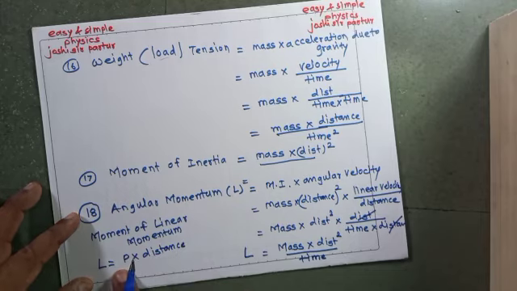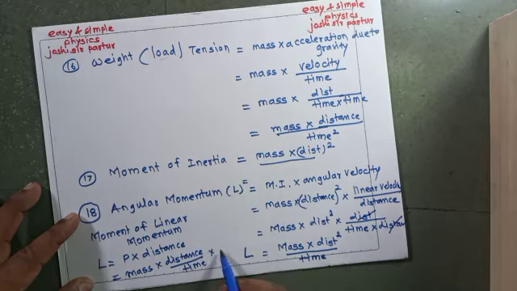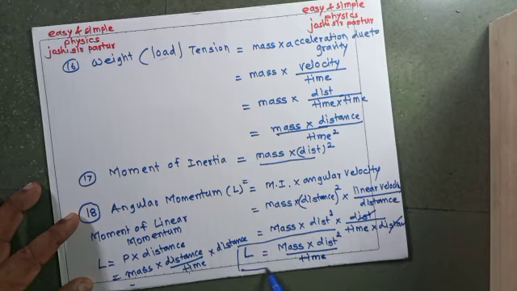We know linear momentum P is the product of mass and velocity, meaning mass, distance upon time, multiplied by distance. So the formula is mass distance square upon time. That is the formula for angular momentum.